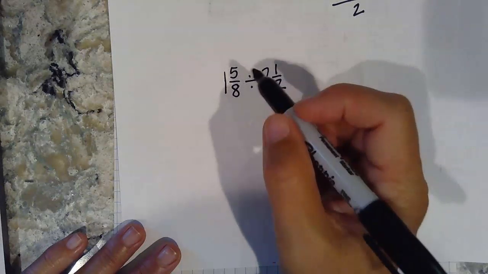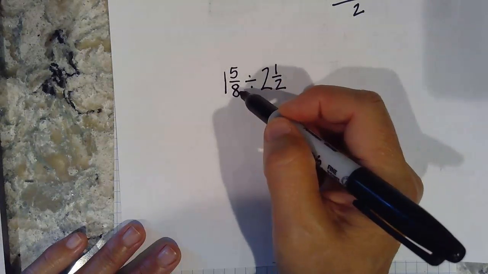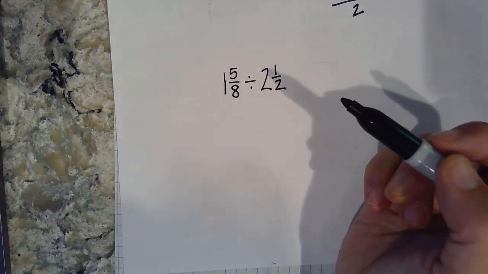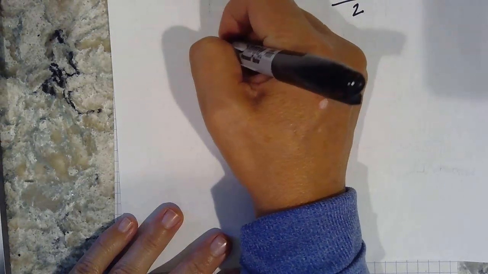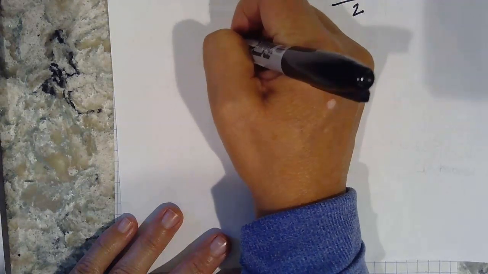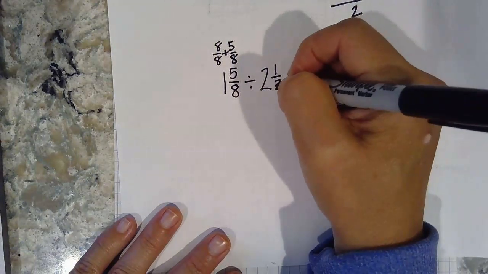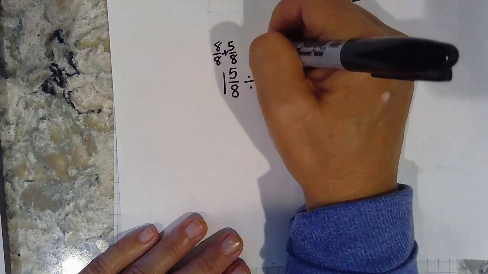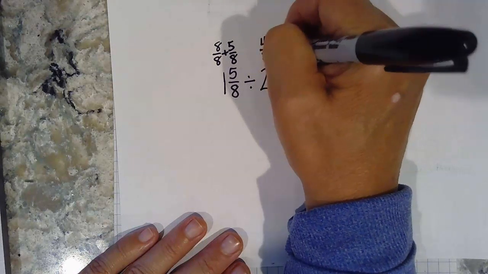So remember to do that. This is 1 or 8/8, so you can do it one of two ways. You can think of it as wholes. So this could be 8/8 plus 5/8. And this is 2 or 4 halves, so it'd be 4 halves plus 1/2.